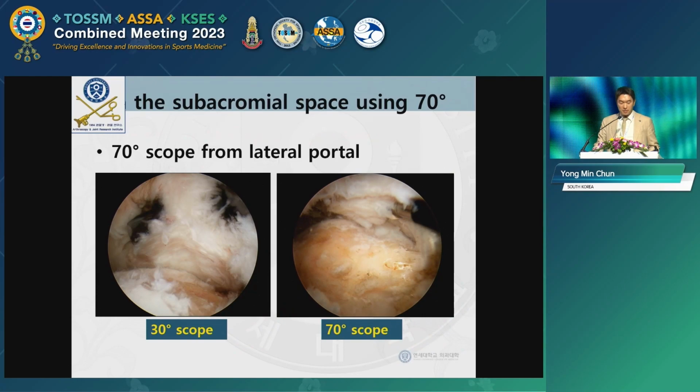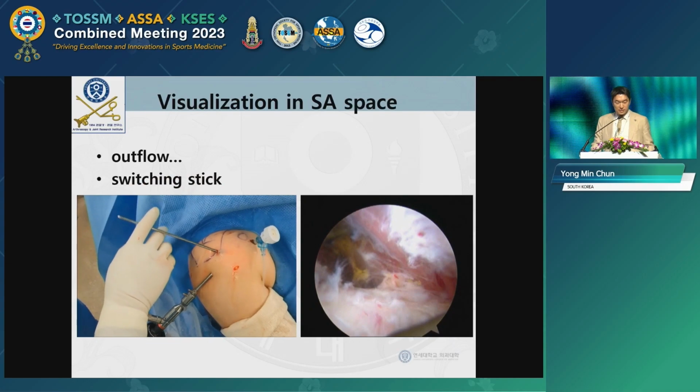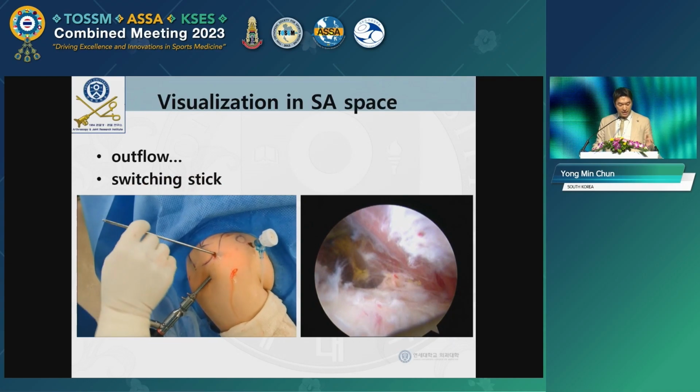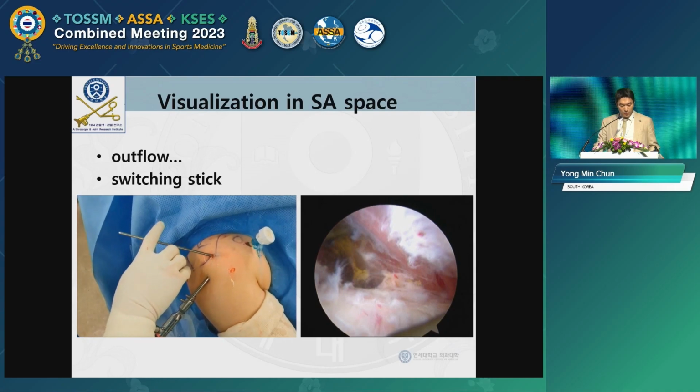And I move to the subacromial space using the 70-degree scope. When we approach from the lateral portal, if we use the 30-degree scope, the footprint is exposed like this, but if we use the 70-degree scope, this view I think is much more familiar. Also, as I told you, good visualization and swelling management are important.